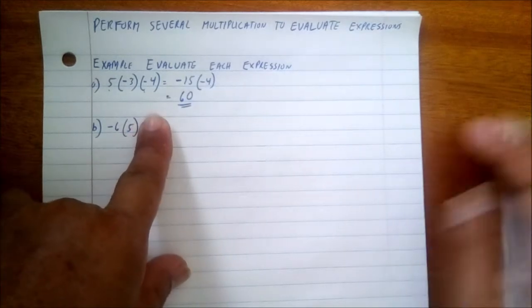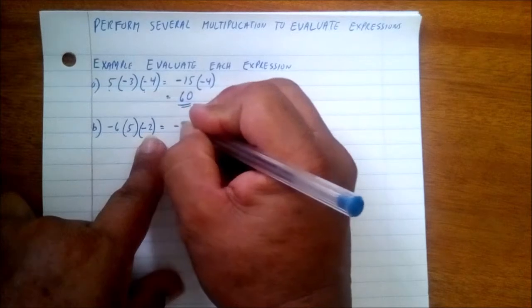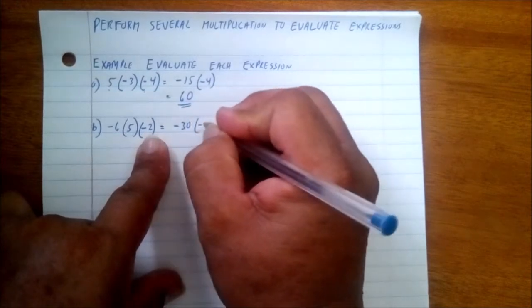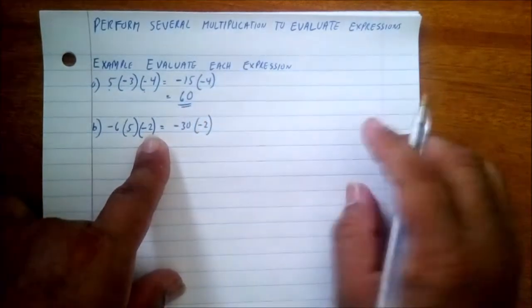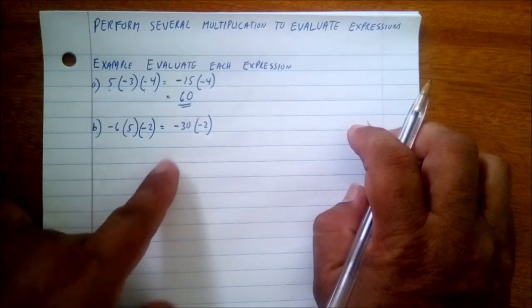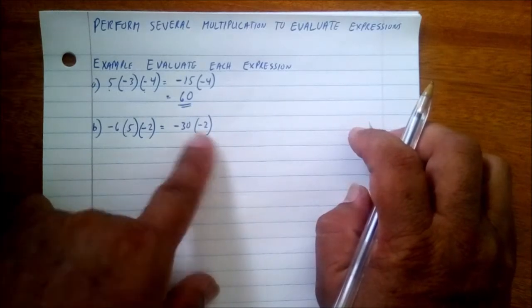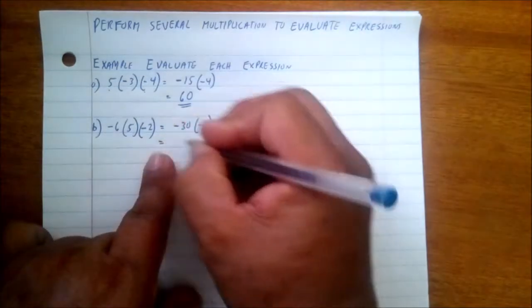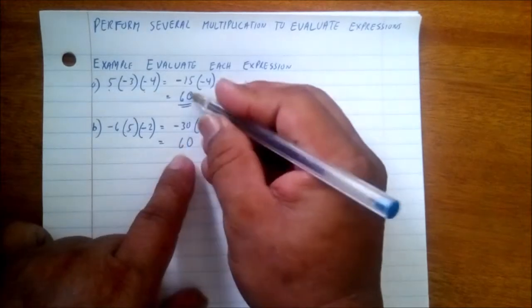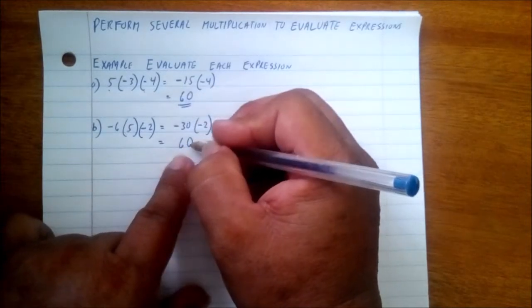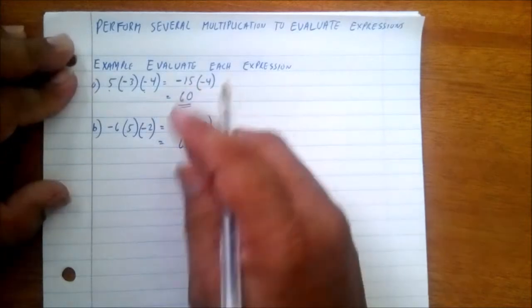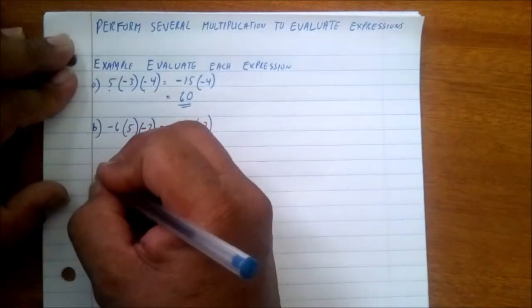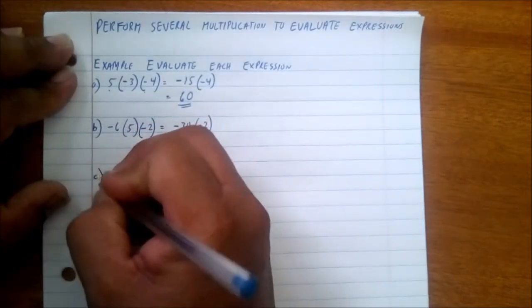So negative 6 times positive 5 gives us negative 30, times negative 2. Then use the rule for multiplying two integers that have the same sign. That gives us positive 60. Just because I got positive 60 and positive 60 here doesn't mean you will get positive 60 every time. It's just coincidence. So let's go with the next example now.